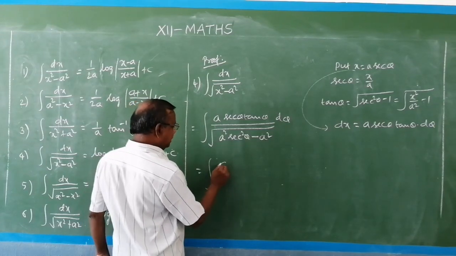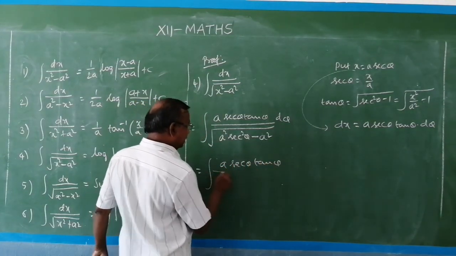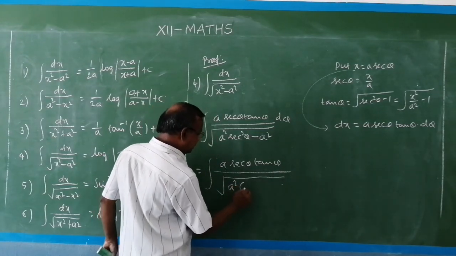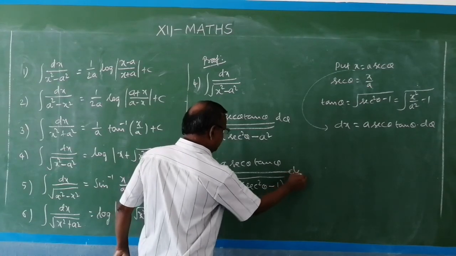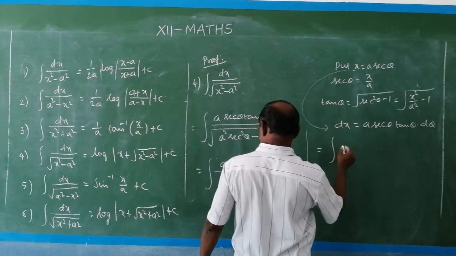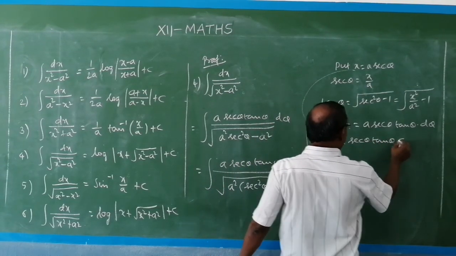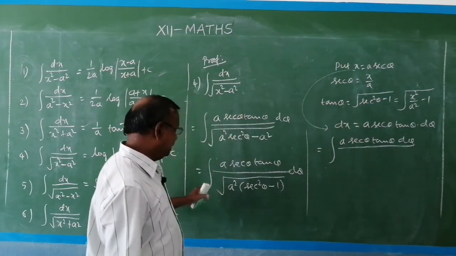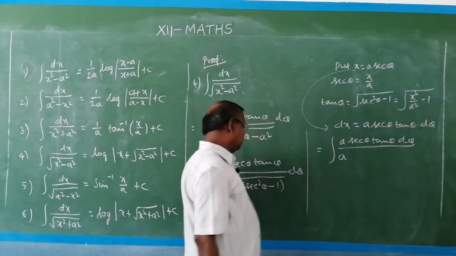Integral a secant theta tan theta divided by root of a square into secant square theta minus 1, d theta. Root of a square becomes a, so a into root of secant square theta minus 1.